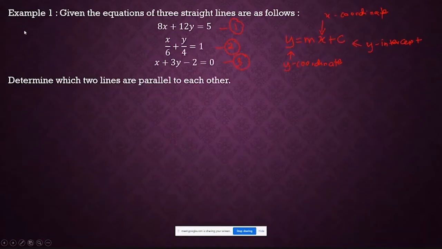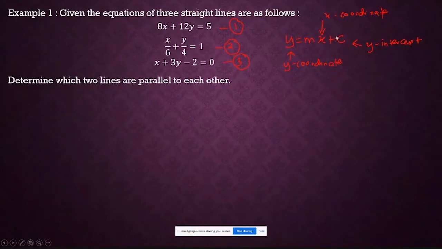Okay. Example 1. Given the equations of three straight lines as follows. The first line, this is the equation of the first line. The second line, the equation is x over 6 plus y over 4 equal to 1. And the third line, x plus 3y minus 2 equals 0.